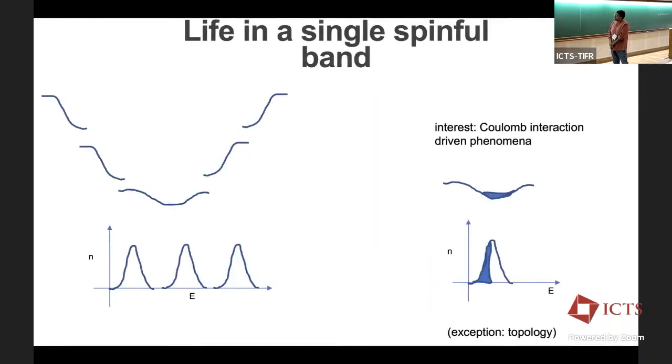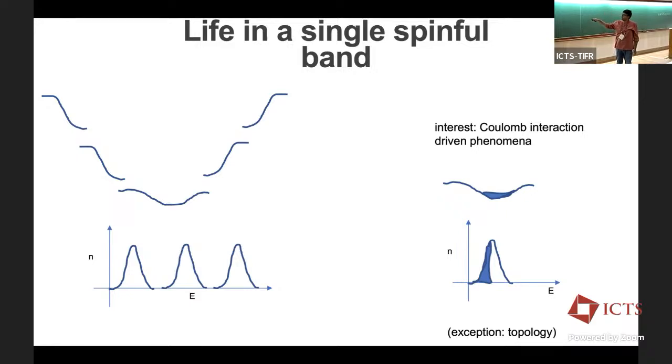And all the physics that I'm going to tell you about refers to the case where the chemical potential is within this lowest subband. So the chemical potential is lying somewhere within this guy. And so for all practical purposes, you can ignore a lot of these other subbands which lie at higher energy.